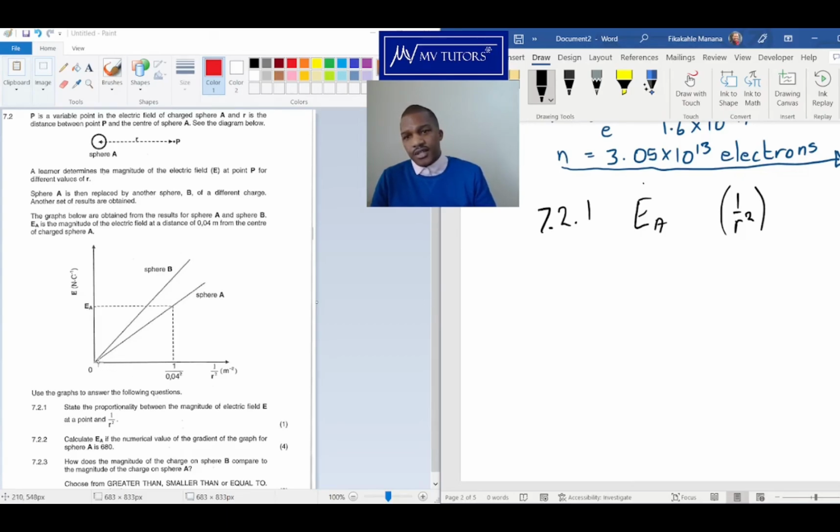And as you can see, the more we increase on the x, the y also increases because the graph is going up. Okay, so which means an increase on an increase is always a direct proportionality. So then we will say, therefore, E is directly proportional.